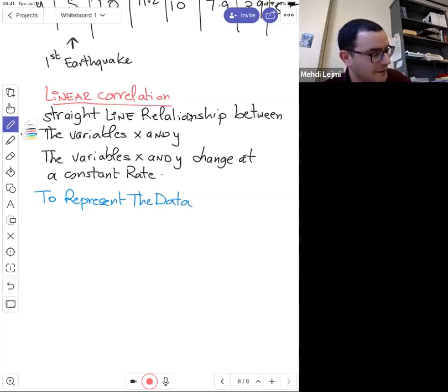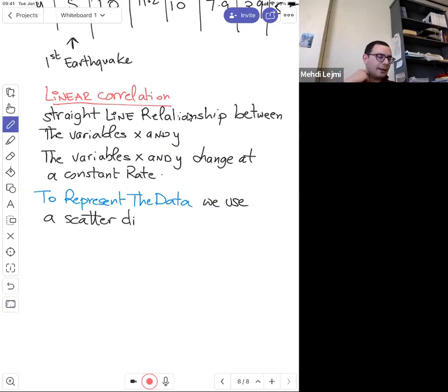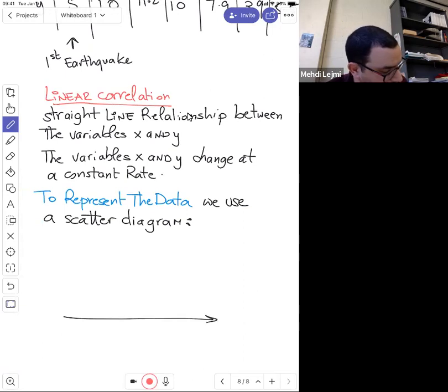Whenever we have two variables, X and Y, we use the scatter diagram to represent the data. And in the scatter diagram, of course, we said we're going to have two axes. There will be the horizontal axis, which is the X axis, and then there will be a Y axis.